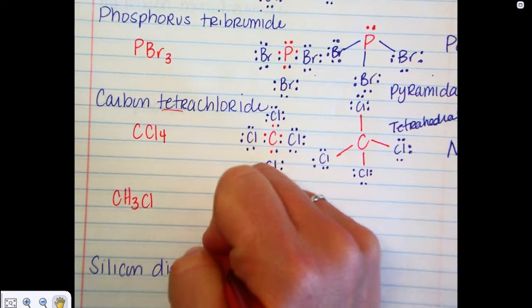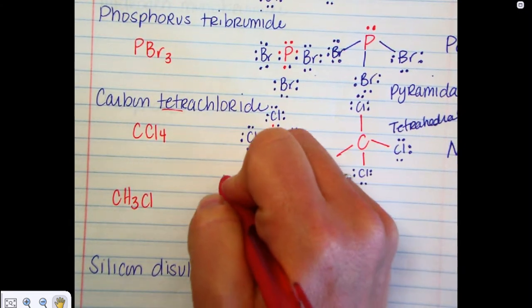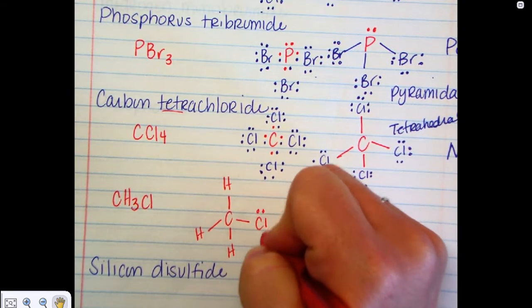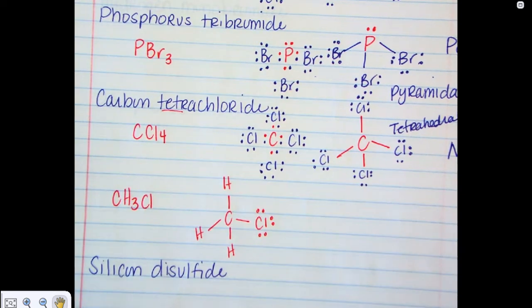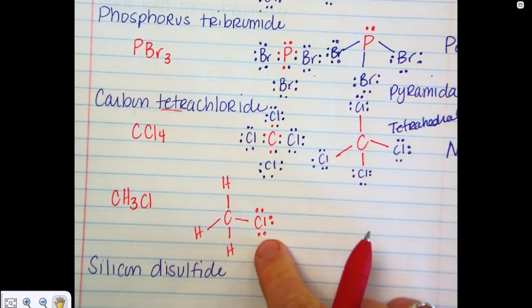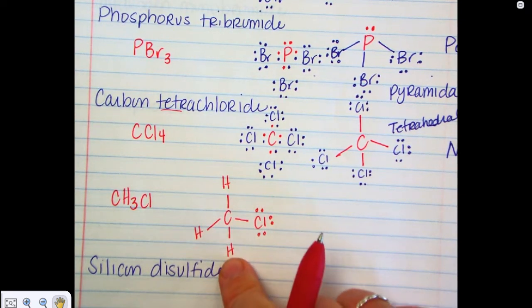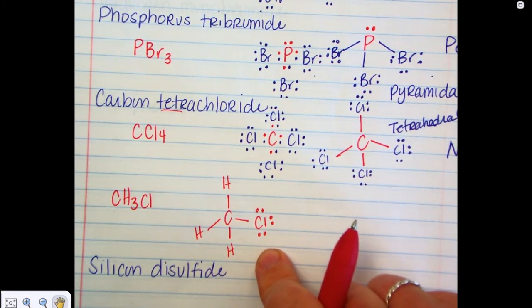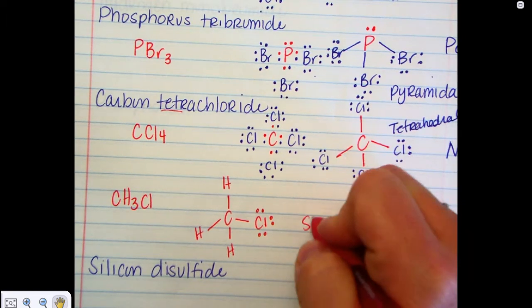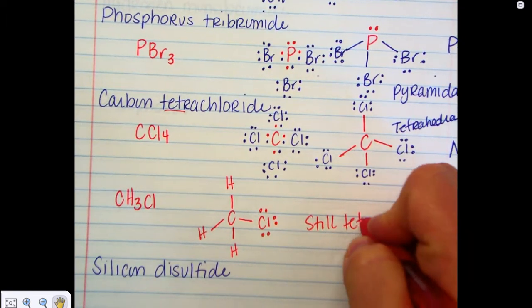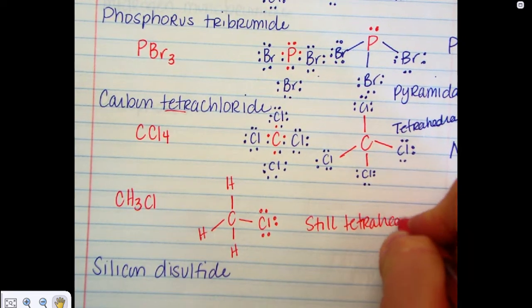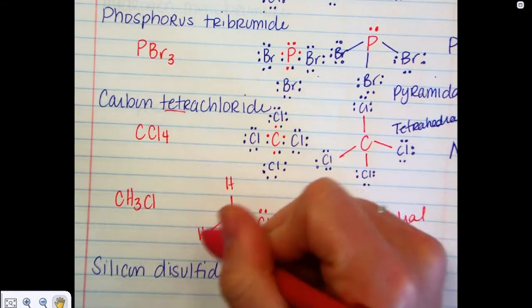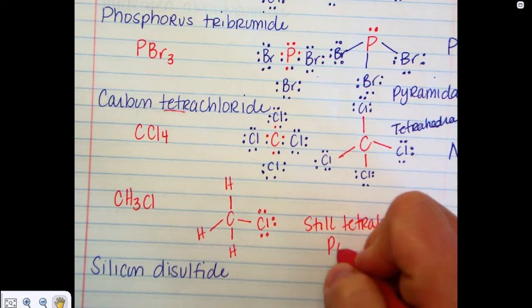It's still going to be tetrahedral in shape, but think about your pull of electrons. Is the chlorine going to pull the same as the 3 hydrogens? No, because chlorine has a very different electronegativity value. So it's still tetrahedral in terms of the shape. But this one, because it's not symmetrical in terms of the pull of the electrons, would actually be polar.